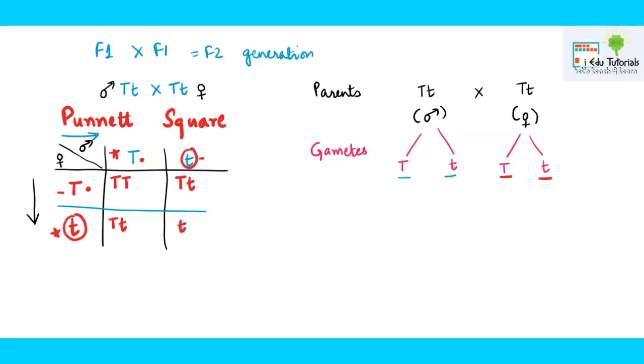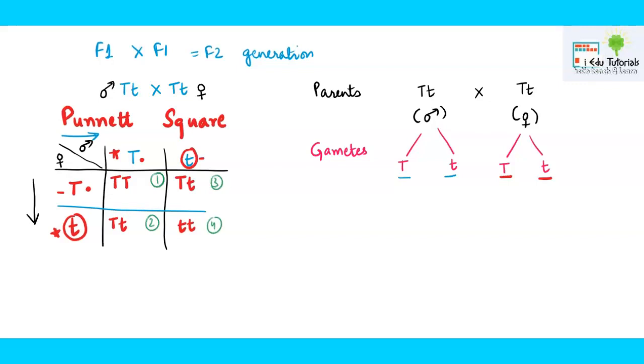That means it will become small t small t. That means how many individuals have we received? 1, 2, 3 and 4. So this Punnett square is ultimately helping us find the genotype of the 4 individuals that we have received in the F2 generation, right?